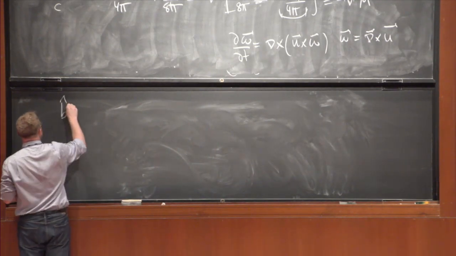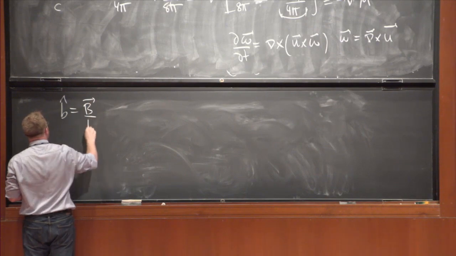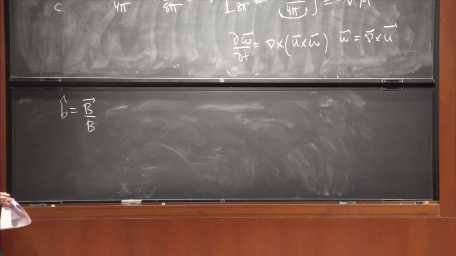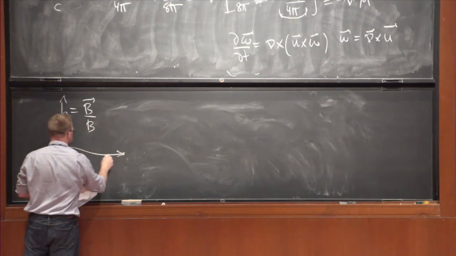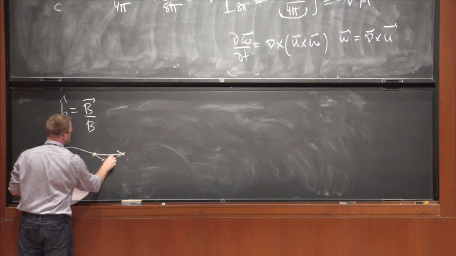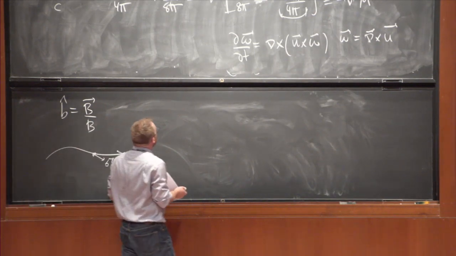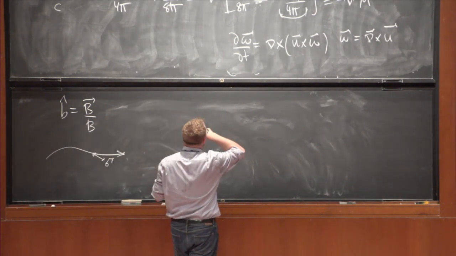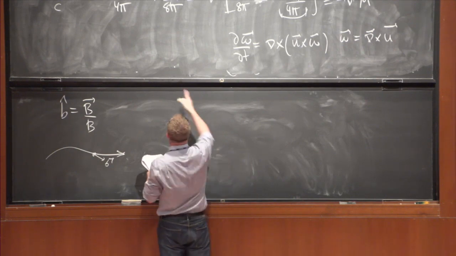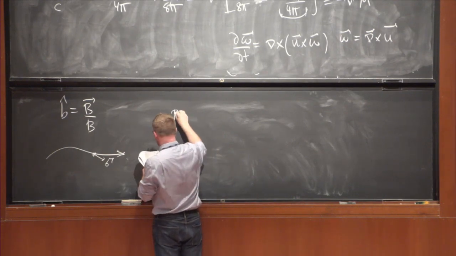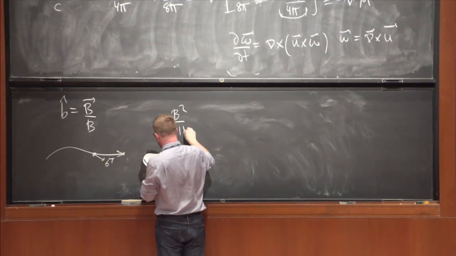So I'm going to introduce this unit vector. If you have some field line, that's just a unit vector pointing in the direction of the local magnetic field. And what you can do is rewrite the Lorentz force in the following way.